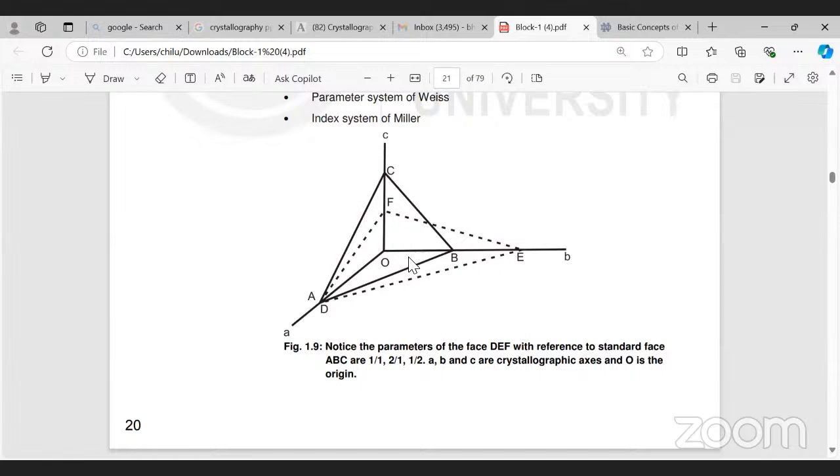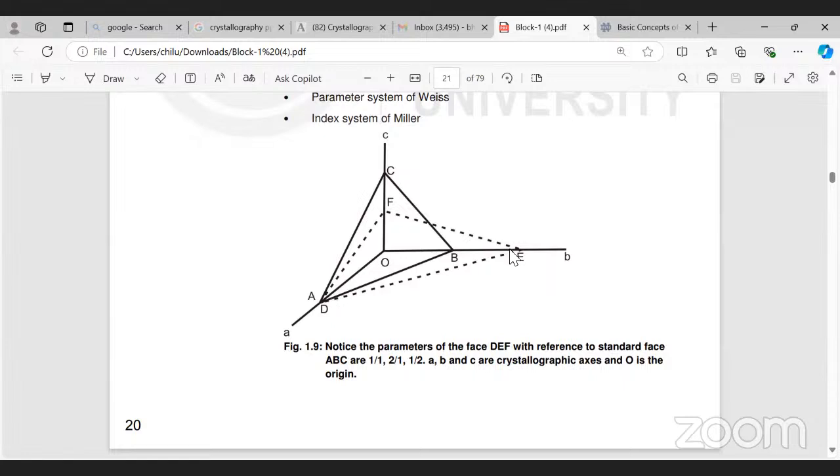Now the imaginary lines, that means outside the faces where they are intersecting, we can imagine between these lines. Here again it generates OD, OE, and OF.